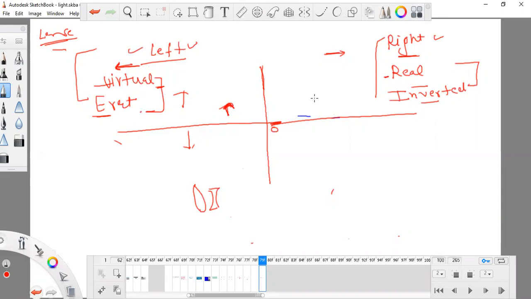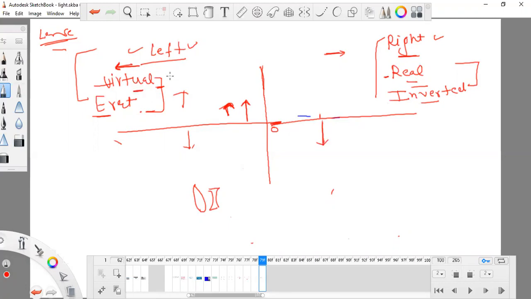The meaning of virtual erect, let's draw it on the correct side. The meaning of virtual is upside up, and the meaning of real is upside down. The meaning of virtual is also blurred, not clear.